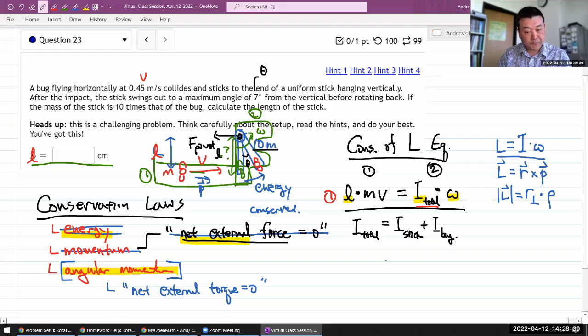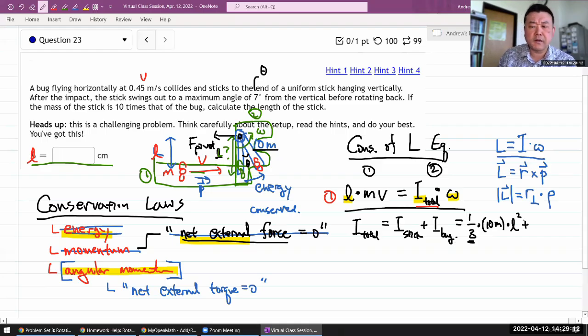When you look up the formula, it says the rotational inertia of a stick is 1/3 times its mass, in this case 10m, times the length of the stick squared. You have to be careful about which point. If it's about the center, then it's a different coefficient out in front here. If it's about an end point, that's where you get the 1/3 formula. So I have that plus a bug. I'm going to treat it as a point mass.